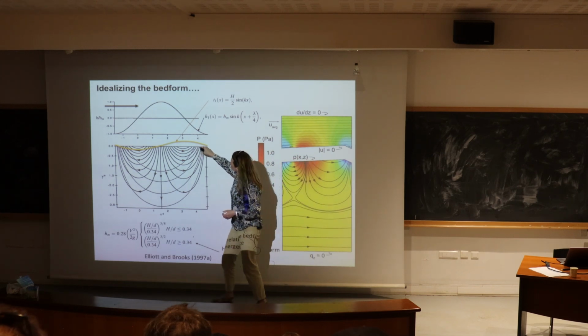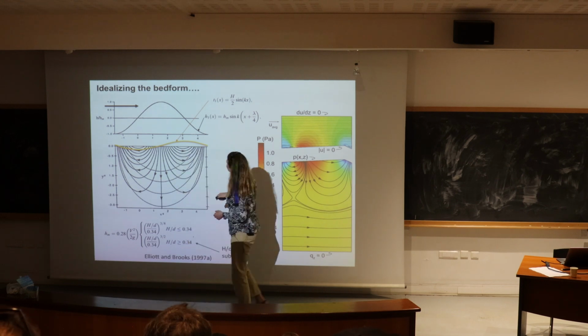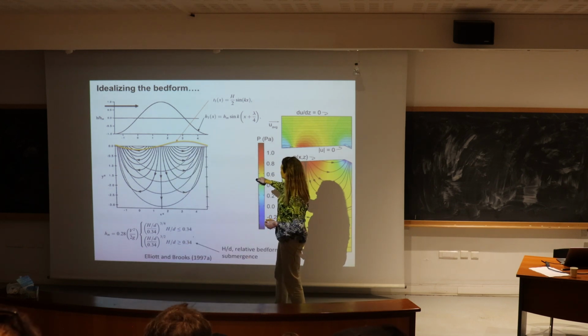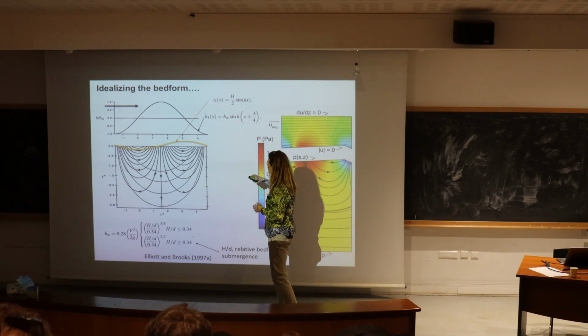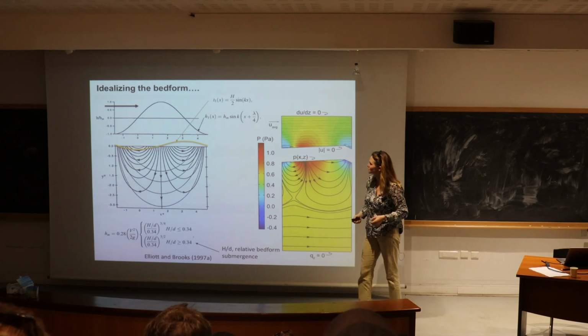If you picture that the bed form is lying something like along this yellow line, that's the sediment-water interface here, the high pressure zone is sort of shifted by a quarter cycle upstream of that. And the low pressure zone, obviously 180 degrees downstream of that.